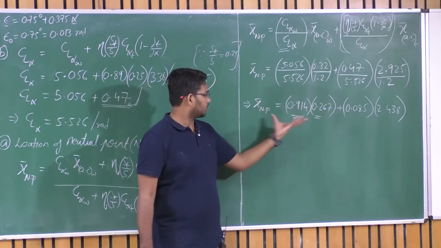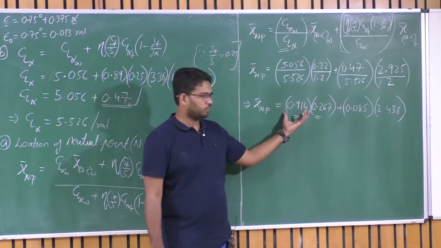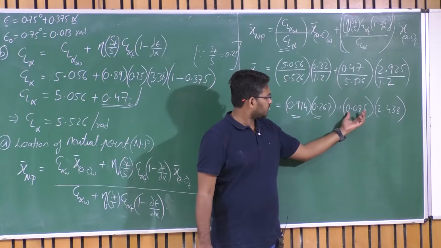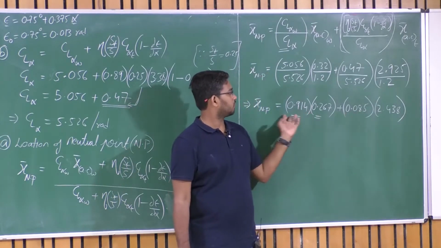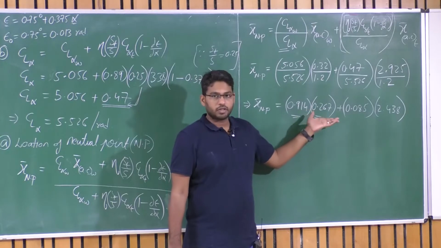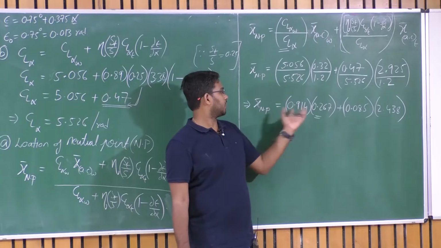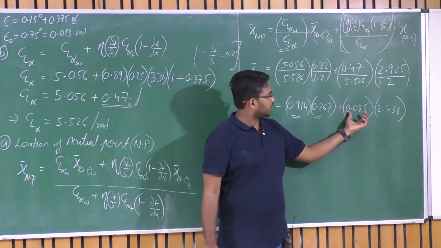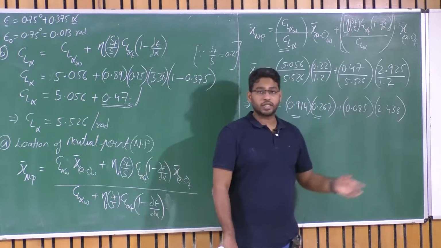That means this term will try to pull the neutral point towards it because it has more weight. Here it is about 91%, almost 1. But for the tail it is only about 8.5%, but the length of the tail is what matters here.